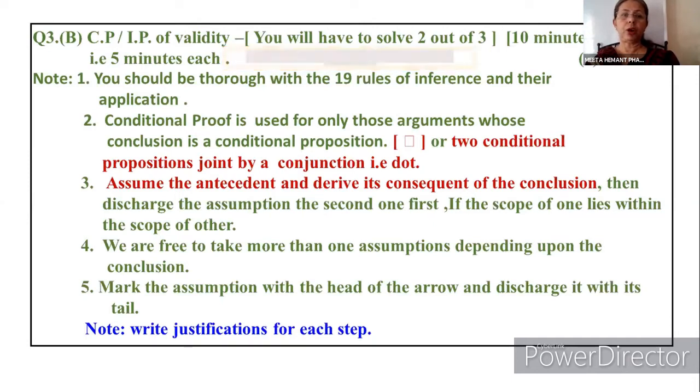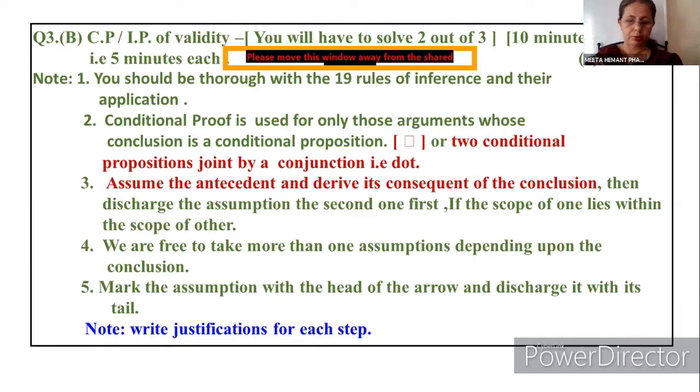So you have to give 5 minutes for each. Don't try to solve extra sums because you will be wasting the time. Instead, be thorough with the rules, and whatever you are solving, you should have full confidence in solving that. First step, you have to remember, you should be thorough with the 19 rules of inference and their applications.